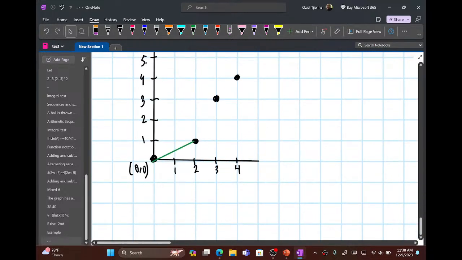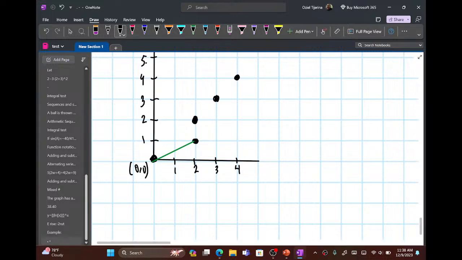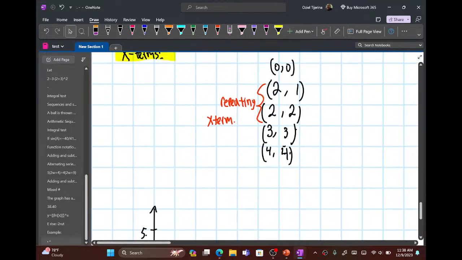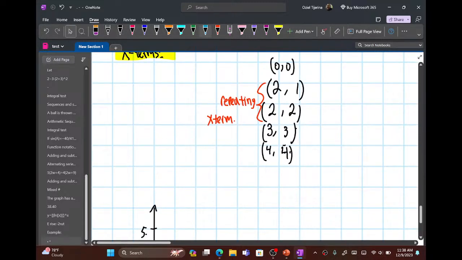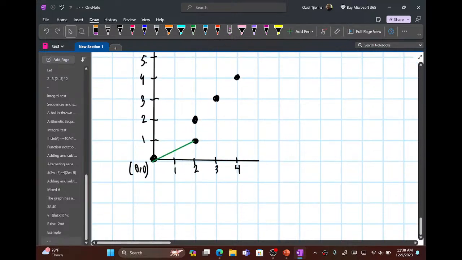I'm sorry. It was also 2 comma 2. I forgot about that. So I can highlight each of them if it helps. If y'all need help actually plotting them, let me know, but I really doubt.